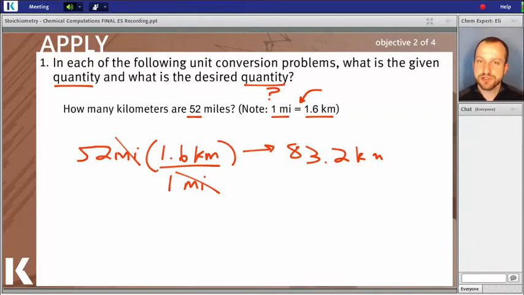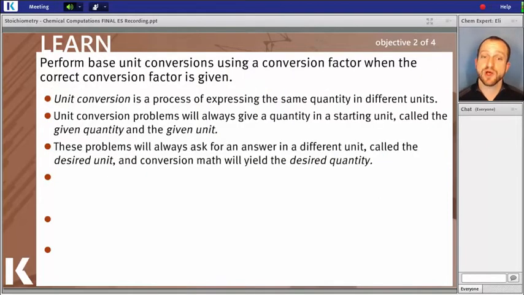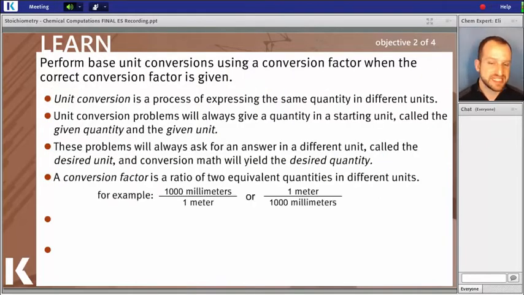Now, again, a lot of us could do this in our heads maybe, because it's just a one-to-one, one step. There are other types of problems where we might be able to do a lot of work in our head as well. For example, playing with standard SI conventions, playing with powers of 10, like millimeters to meters, or back and forth, like you see here in the 2 possible conversions.